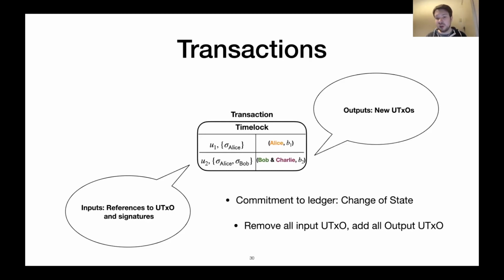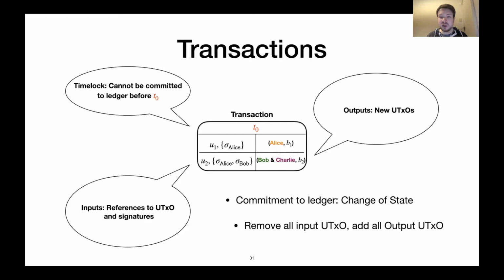Then we have a set of outputs, which is a set of newly defined UTXOs. Lastly, a transaction can optionally contain a time lock. It specifies a point in time such that before this point in time, the transaction cannot be processed by the consensus mechanism and therefore cannot be added to the ledger.